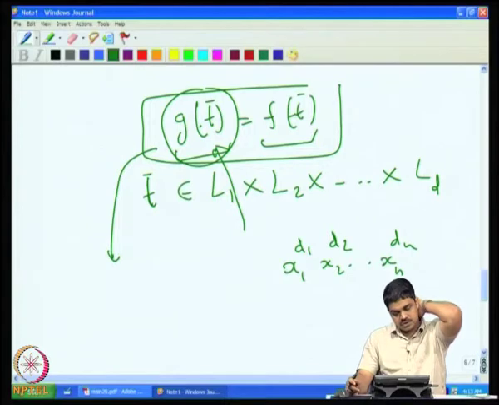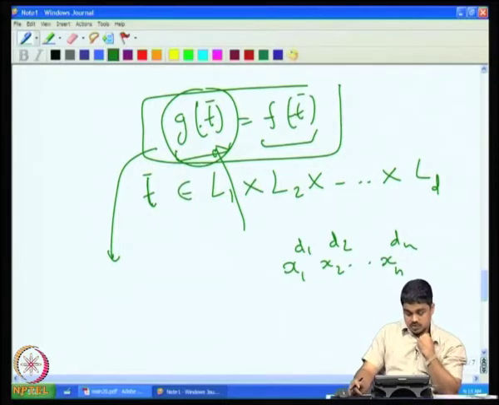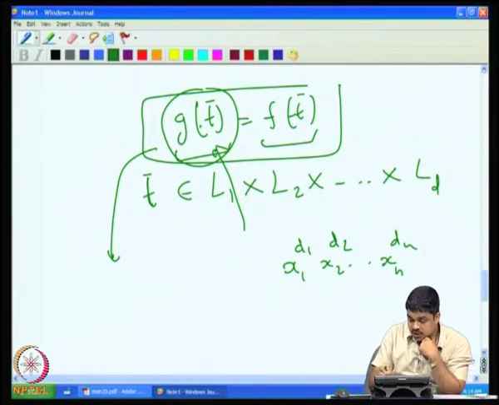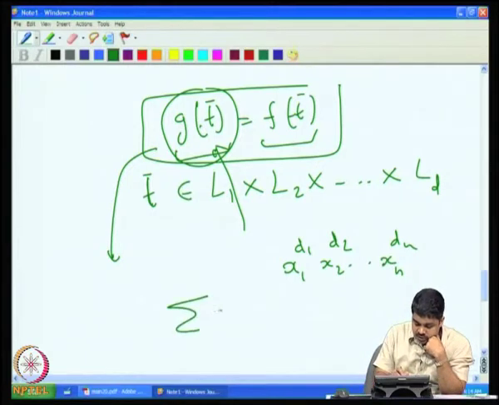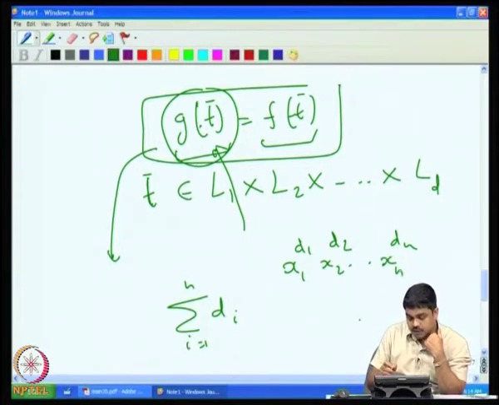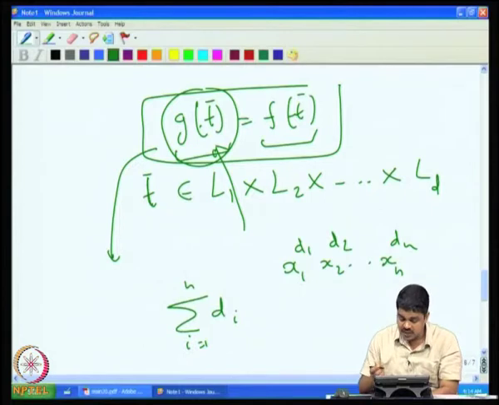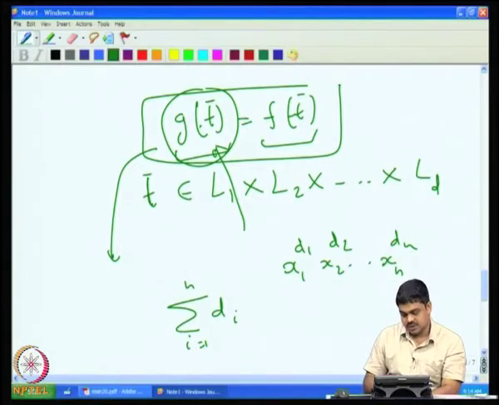And what is the total degree of this term? The total degree is the sum of di, i equal to 1 to n. If you look at every other term, their degree has reduced.